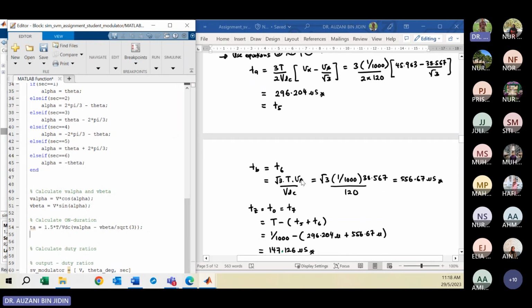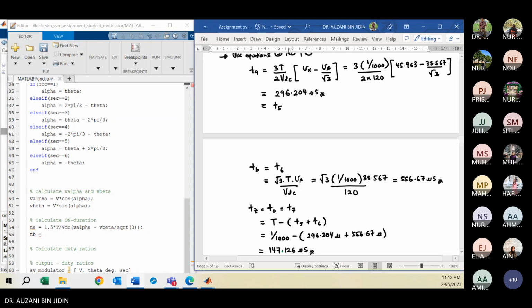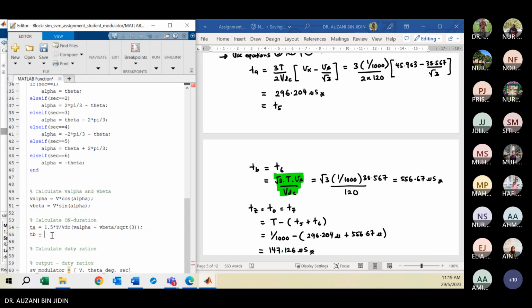Okay, for TB equal to, from here you apply this equation, right? TB is square root of 3, multiplied by the switching period T, multiplied by V beta, divided by VDC. Sorry, here square root of 3, yes, 3T V beta divided by VDC.